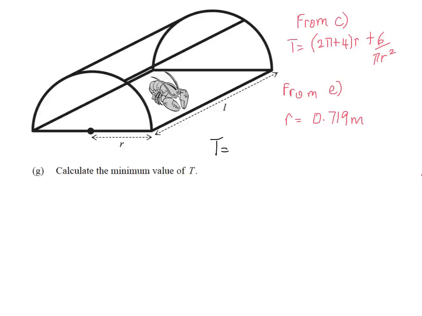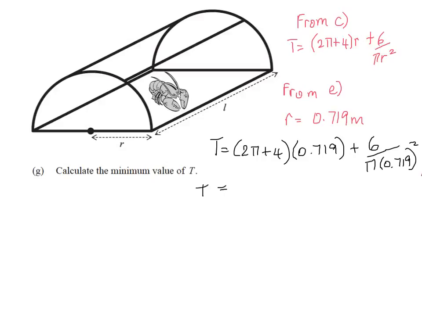So T equals 2 pi plus 4, just rewriting, times our r value, which is 0.719, plus 6, again just rewriting, over pi r, let's substitute that in, r is 0.719 squared. And once we plug this all into our calculator, we should get that T is approximately equal to 11.1 meters. And we're done.